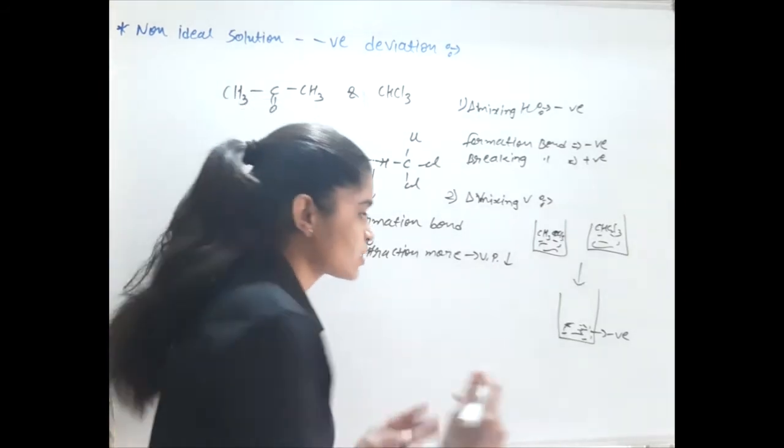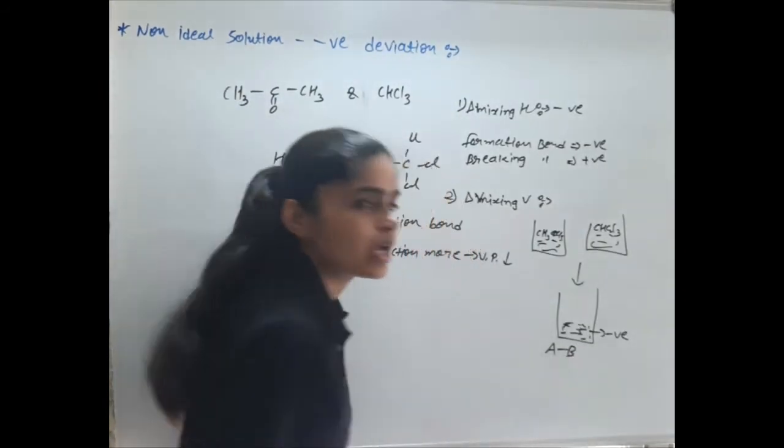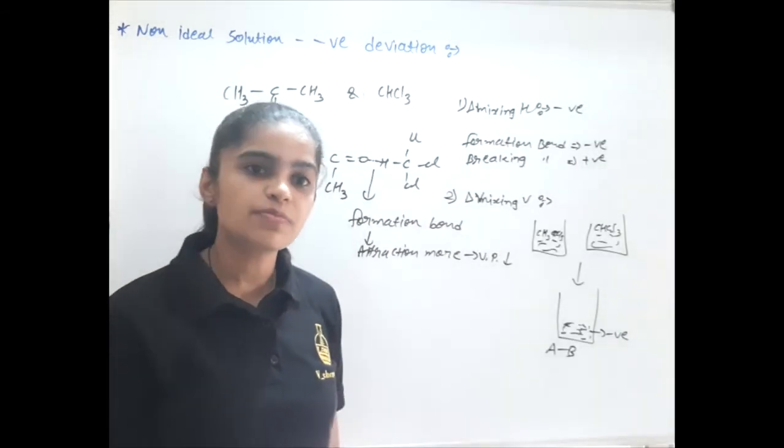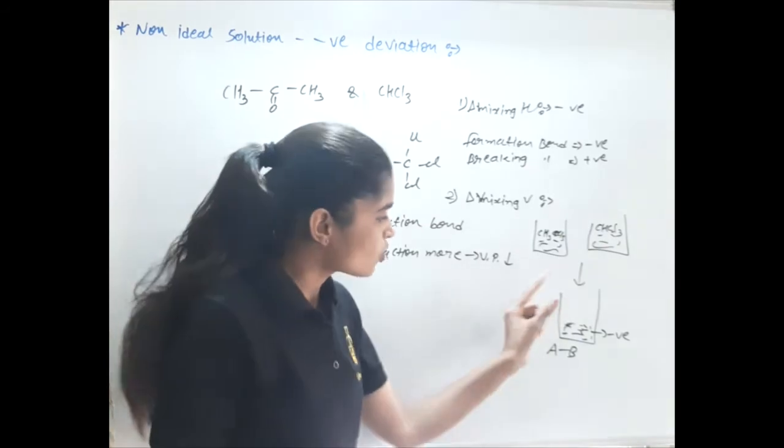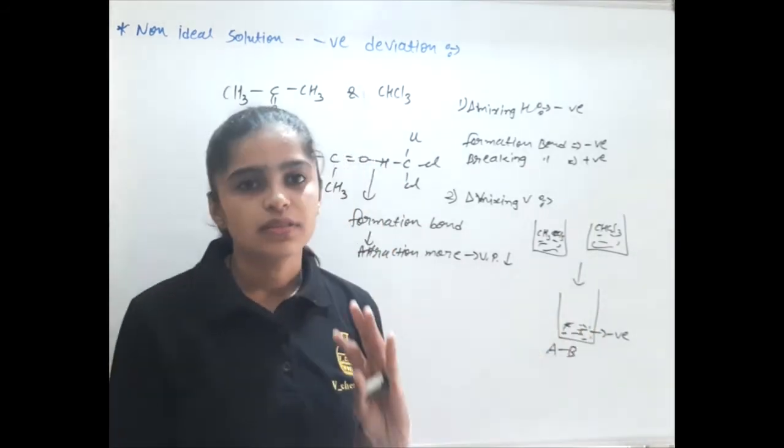More attraction between A and B means they occupy less space, so the volume is less.